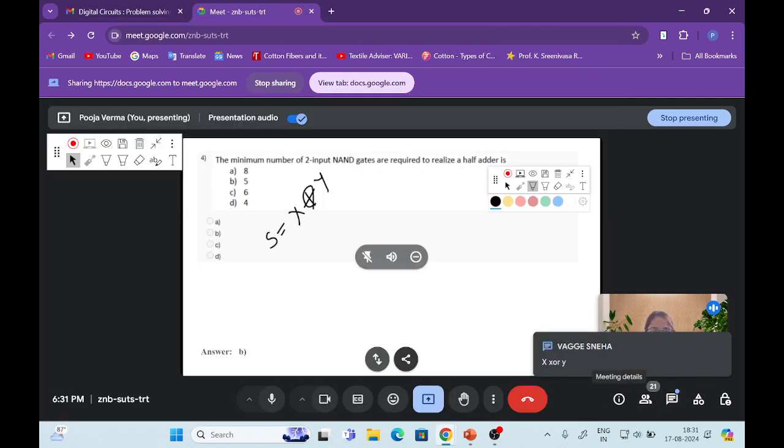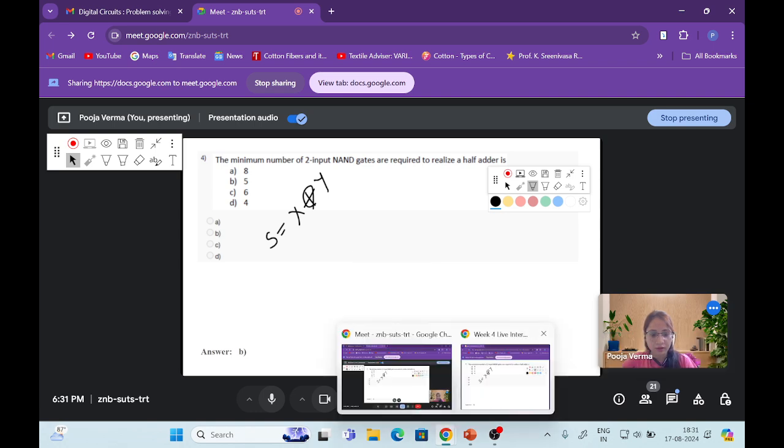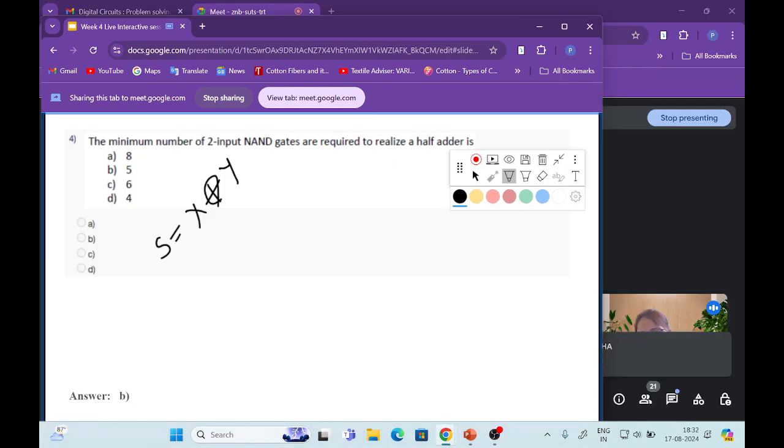And what is the carry generated by the half adder? Right, AB or XY. You can say here I am taking XY as the input. So here I am writing XY. Okay.